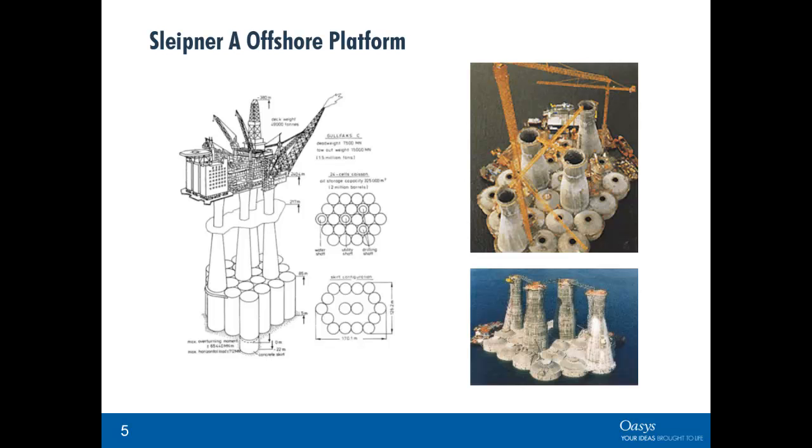There are 24 concrete cells in the base, which initially are filled with air so that the base will float. They tow it out in the North Sea, fill them with seawater, it sinks to the bottom, and they can then replace the seawater with oil for storage and so on.